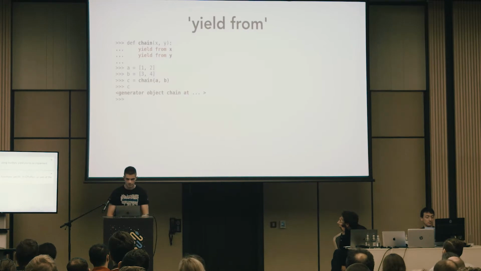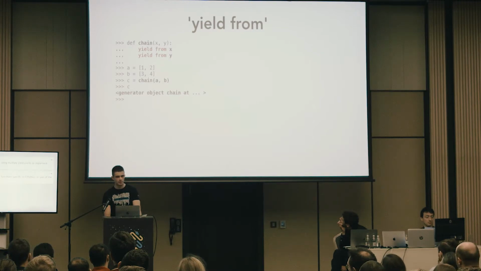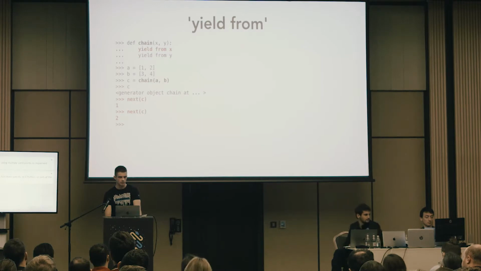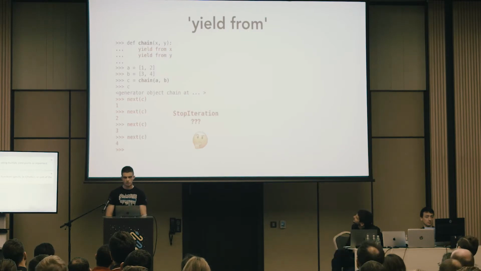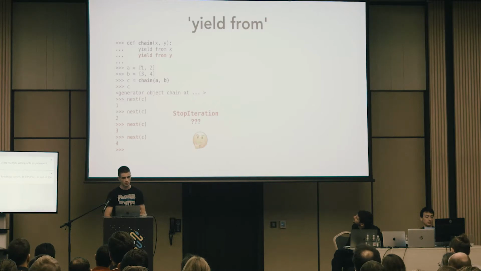Okay, so the yield from expression is more complicated. This is where things get a little bit more complicated, because if you try to use it the way it's prescribed in the documentation, the documentation will tell you that it delegates iteration, but it doesn't tell you what it does with the iterator.